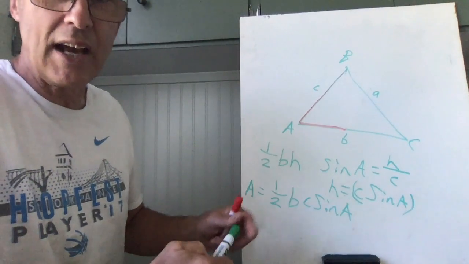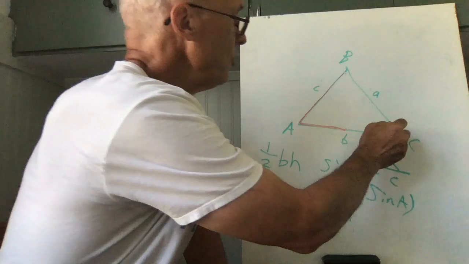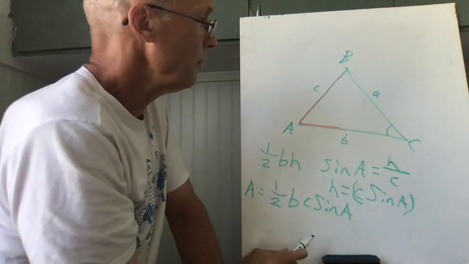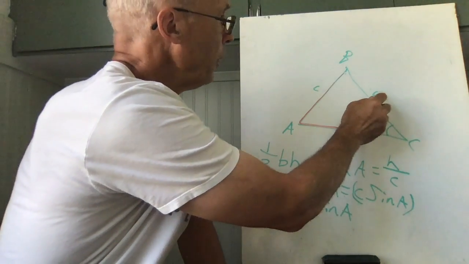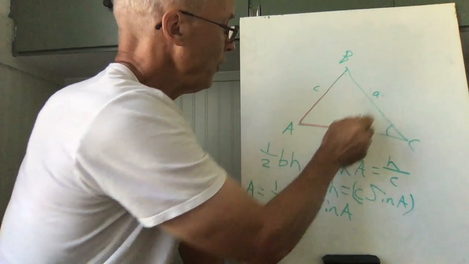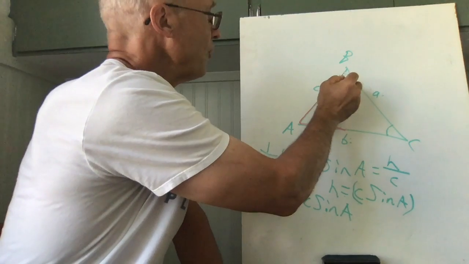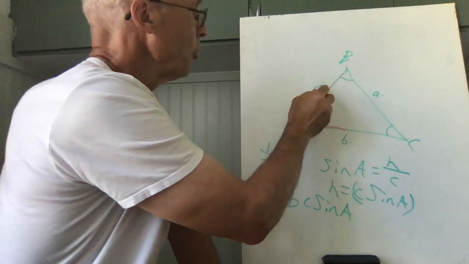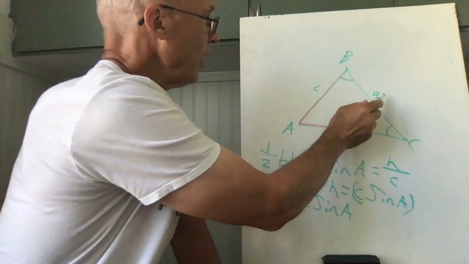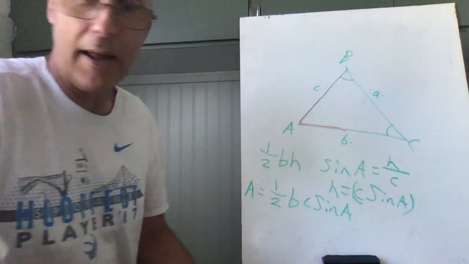By the same exact reasoning, we could do sine of C multiplied by the two legs on the opposite side, A and B, and take half of that. We could take sine of B and multiply it by the two legs on the opposite sides, A and C, and take half of that.